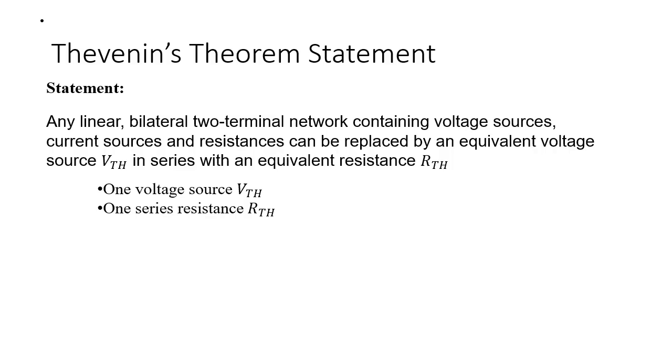A linear two-terminal network which contains a voltage source, a current source and a resistance can be replaced by an equivalent voltage source VTH connected in series with an equivalent resistance RTH. So the circuit contains a voltage source VTH in series with the Thevenin's resistance RTH and a load resistance.